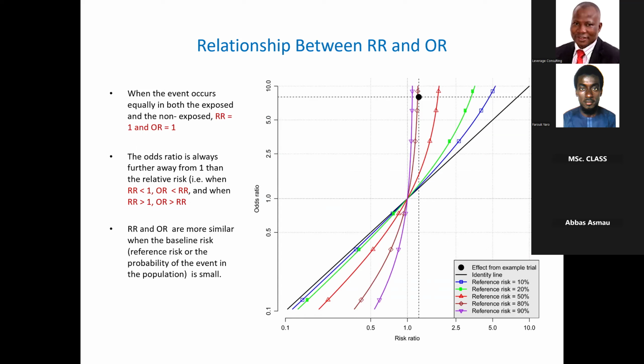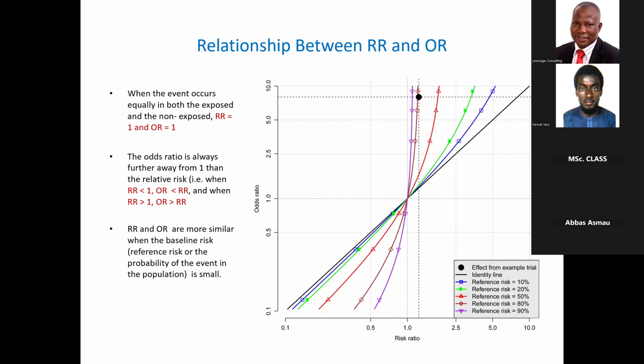There's another dimension here. When the event occurs equally in both the exposed and the non-exposed, relative risk and odds ratio will be the same, each of them 1.